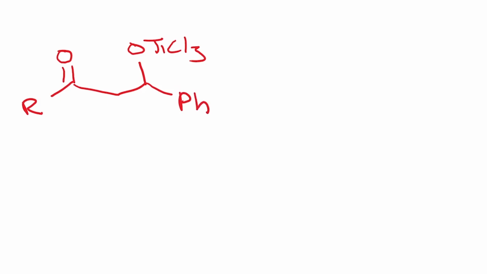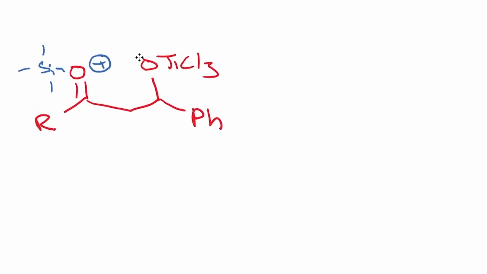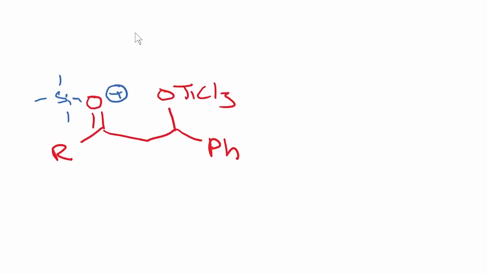C double bond O R O TiCl3 and Ph. Okay, so keep in mind that the silyl group is still here, Me, and there's a positive charge over here. Okay, so now we can envisage that this silyl group is quite activated, and we have some chloride floating around.